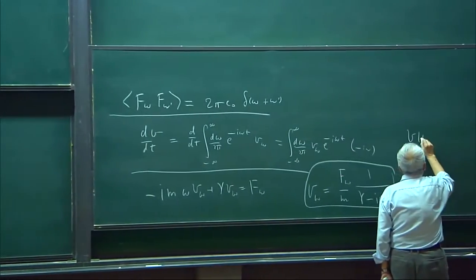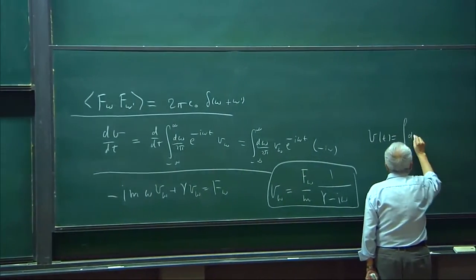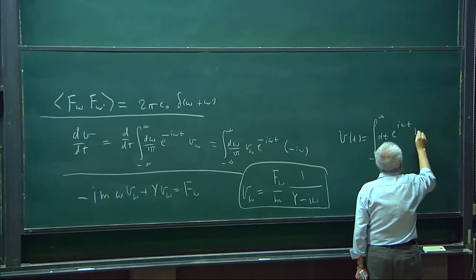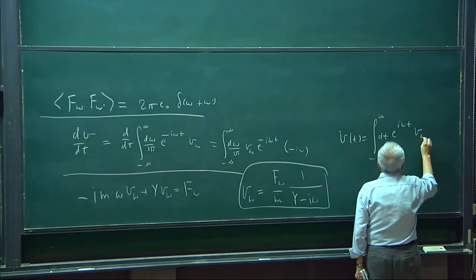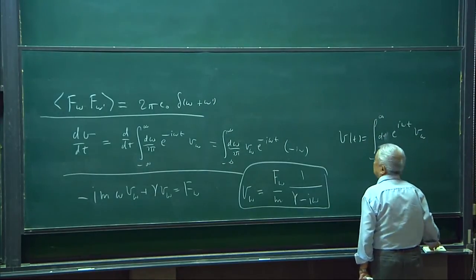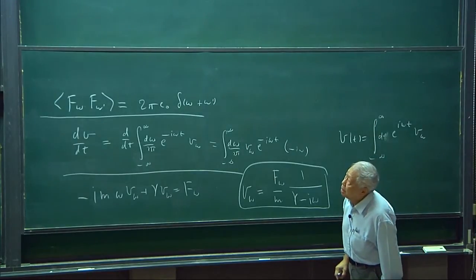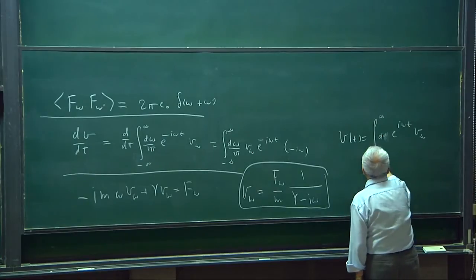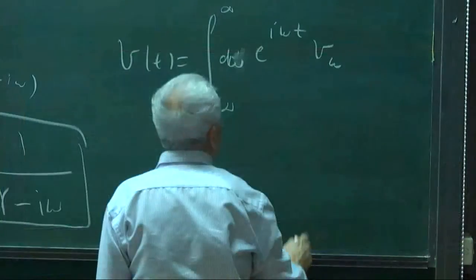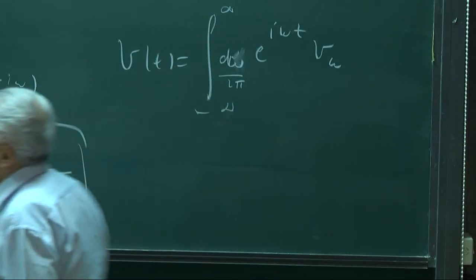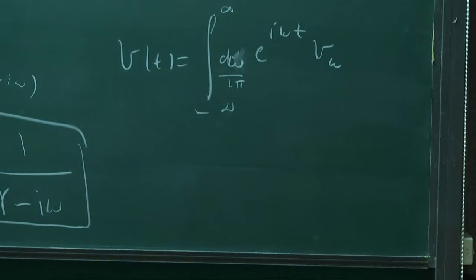You can take v of t, which is equal to the integral d omega, e to the minus i omega t, v of omega. Sorry. Yeah, there is a 2 pi here. I think I was wrong, there was no 2 pi over there.